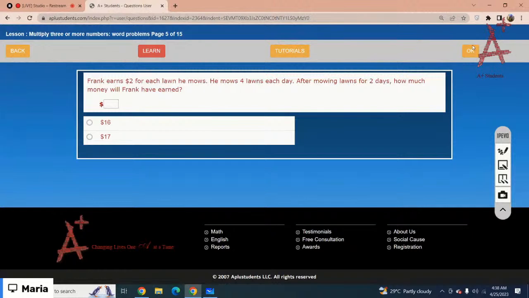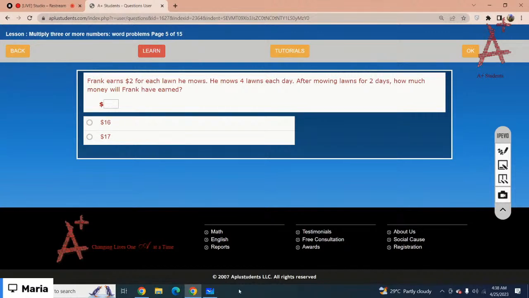Okay, the next one is, Frank earned $2 for each lawn he mows. He mowed 4 lawns each day. After mowing lawns for 2 days, how much money will Frank have earned? So it would be 2 times 4 times 2.